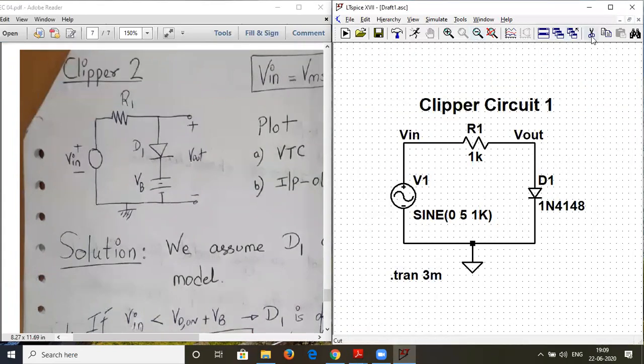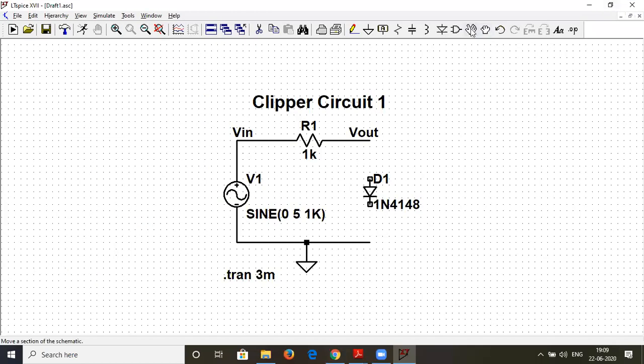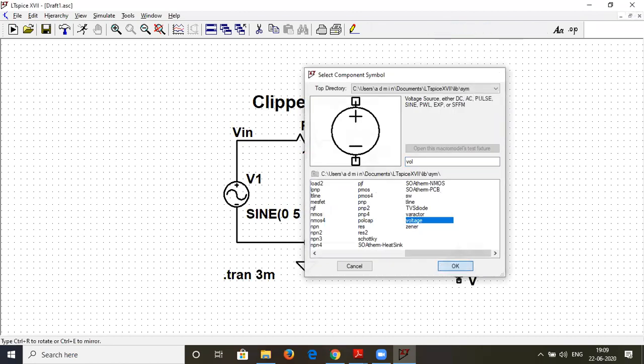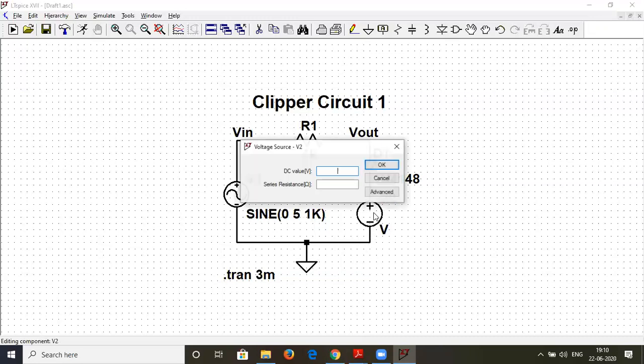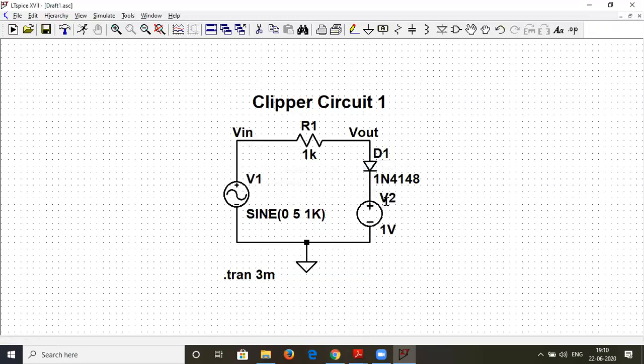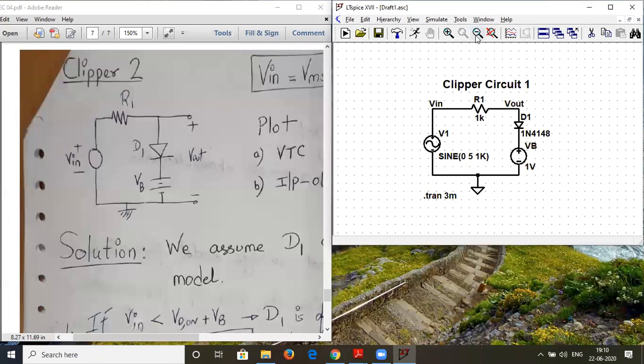So what I will do is I'll shift this diode a little up and add a DC voltage source like this. And I'll join this. Just one change. And I give this value as around 1 volt, and I call this VB, a bias voltage. So I'll do this change, that's it.